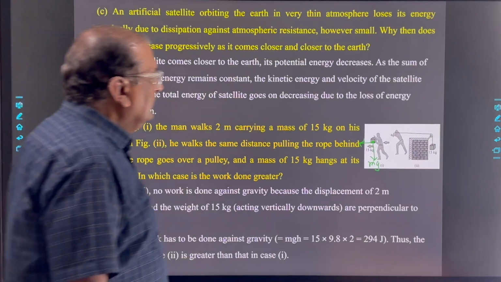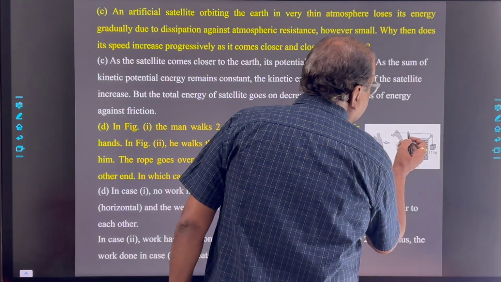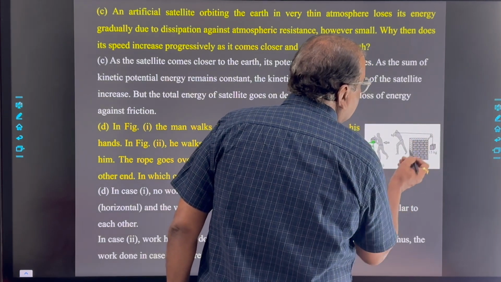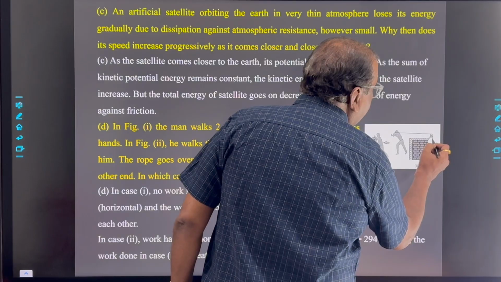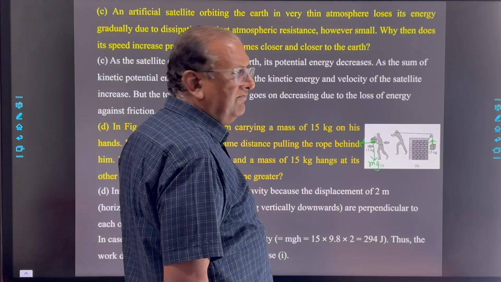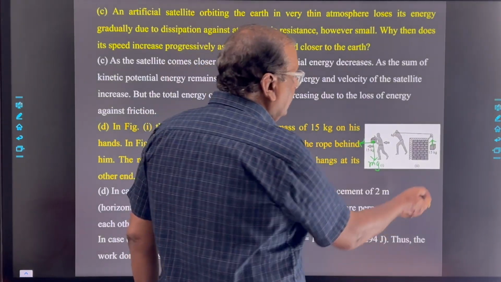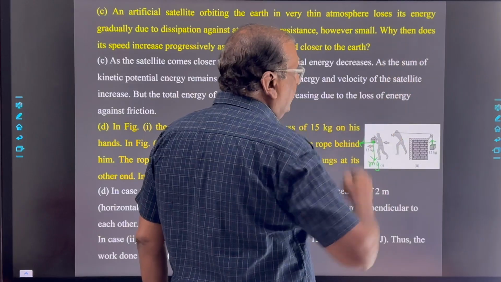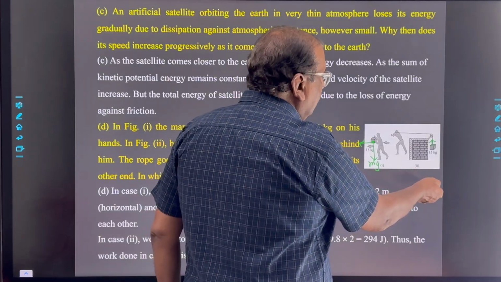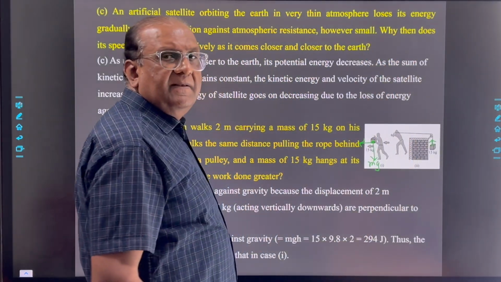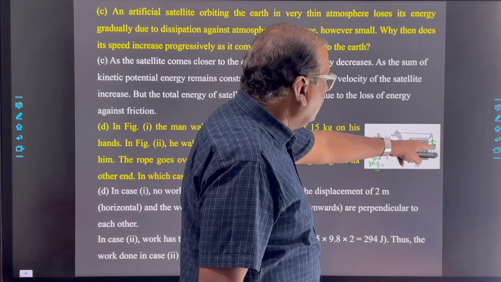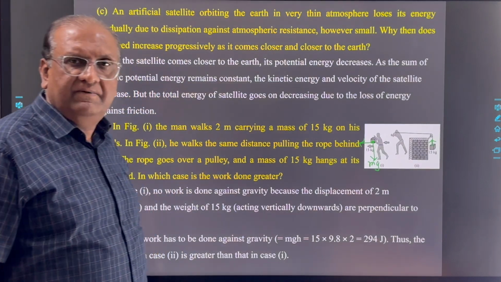But now if we think about the second case, see here, the man is applying force on this particular object by this rope. So here the pulling force is in the upward direction, and the displacement is also in the upward direction. If the man walks 2 meters, then the displacement of this body will be 2 meters upward, and the pulling force by the rope is also upward, right?